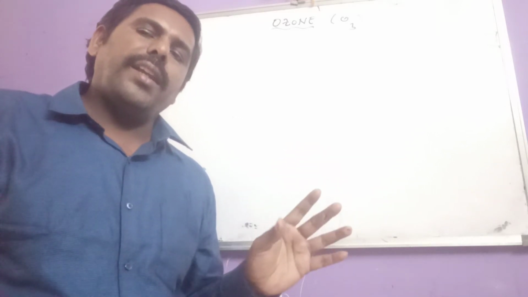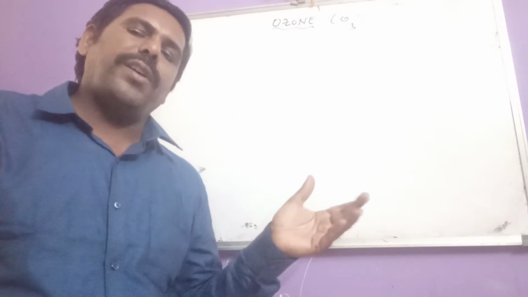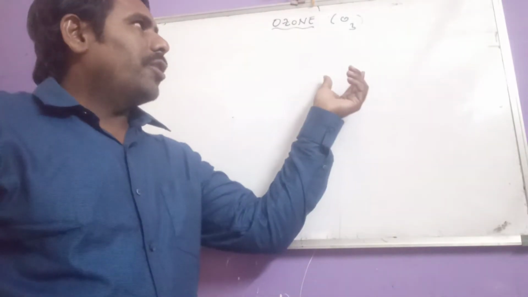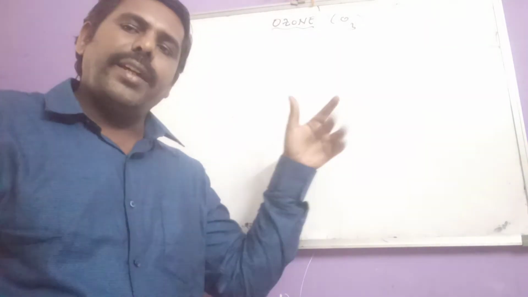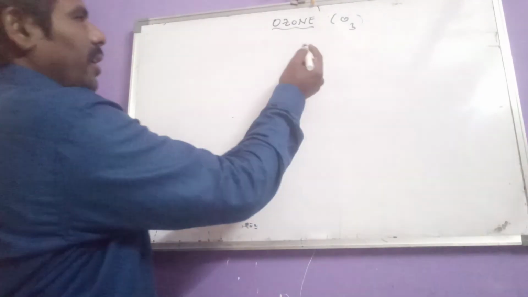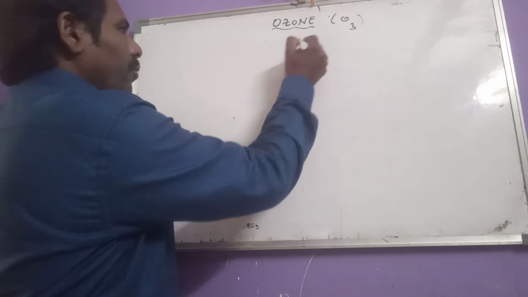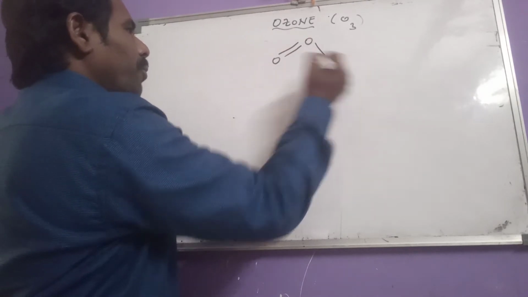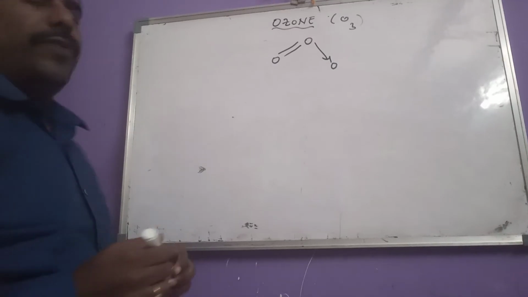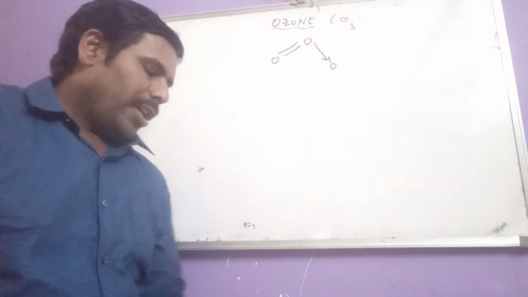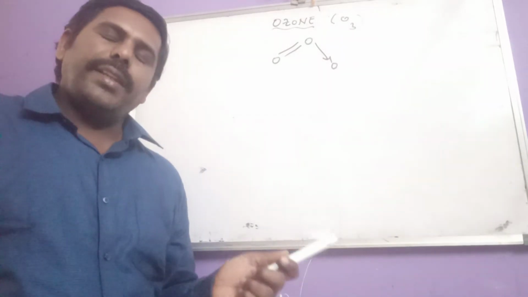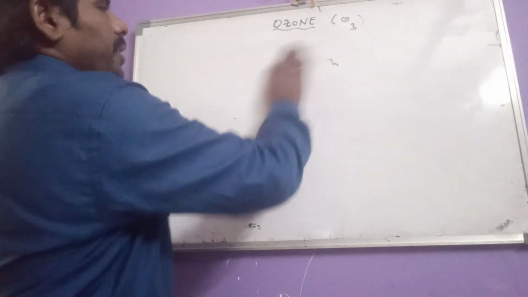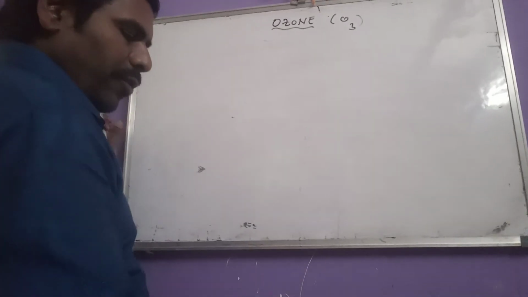So these are the colors of ozone in different physical states. Ozone has an angular structure. We write a double bond here, and this is a dative bond. So this is the structure of ozone.